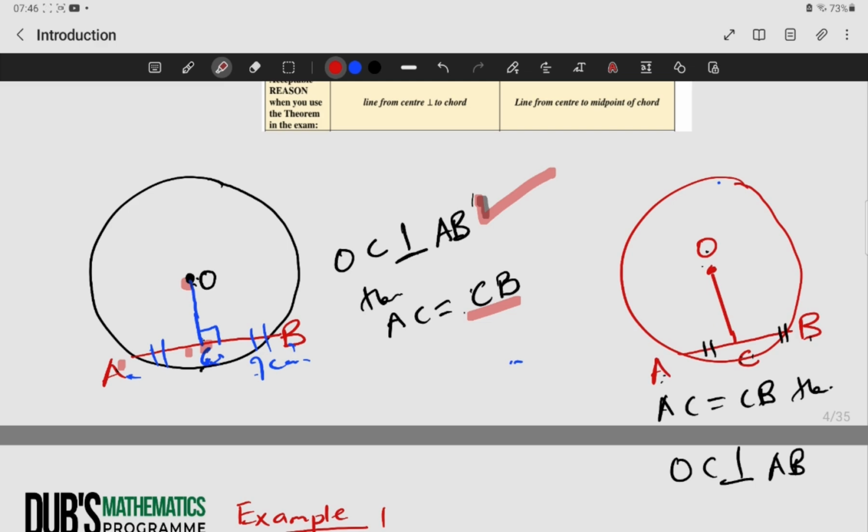We are given a line drawn from the center, and we are given that that line bisects the chord. So given that AC is equal to CB, what do we conclude? We conclude that OC is perpendicular to AB, meaning that there is a 90 degrees here. That is the difference between a theorem and a converse: just reversing.